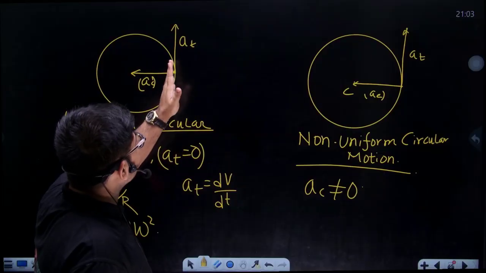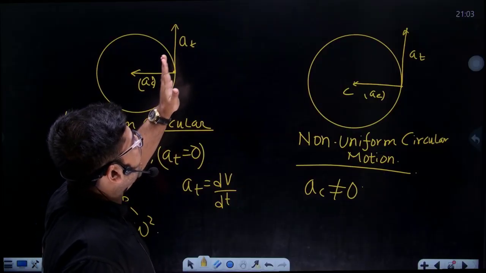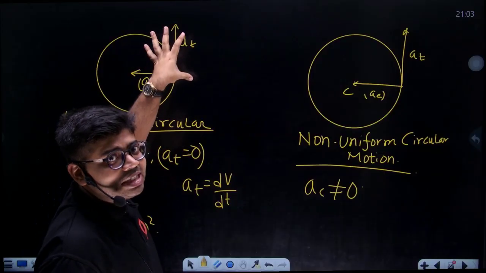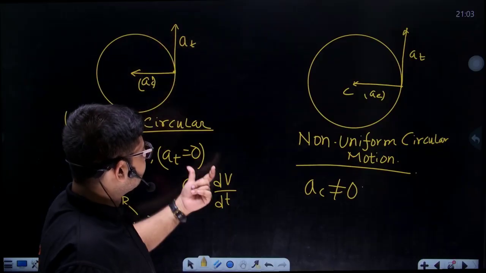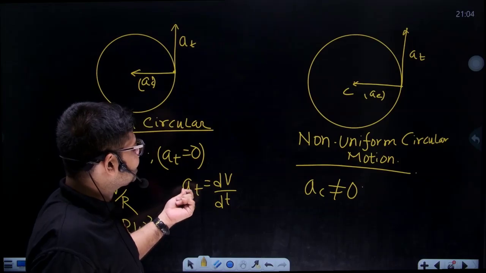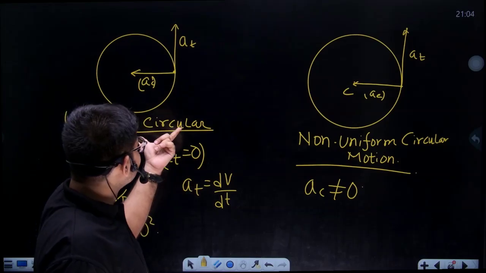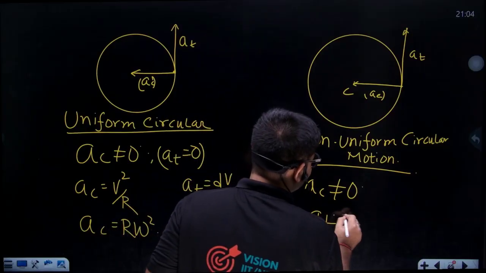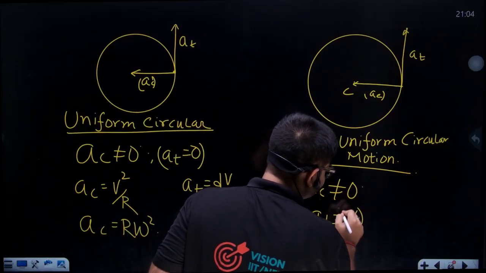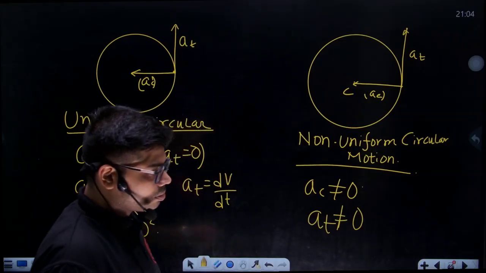So in case of uniform circular motion, I will have a constant speed, the speed is not changing, so I can say that the tangential acceleration will become zero in case of uniform circular motion, but in case of non-uniform circular motion, my tangential acceleration will also not be zero.